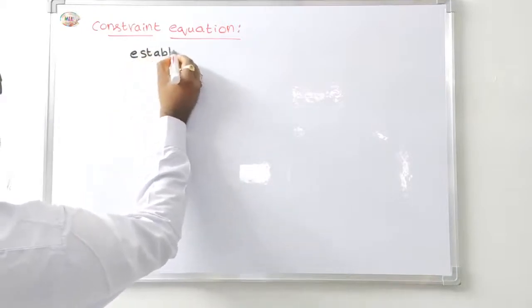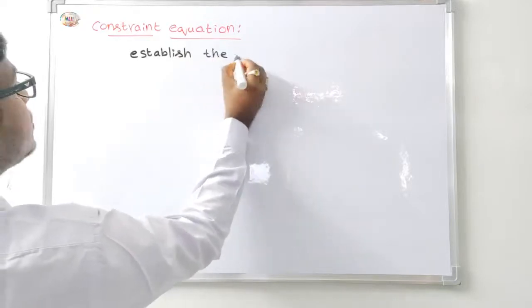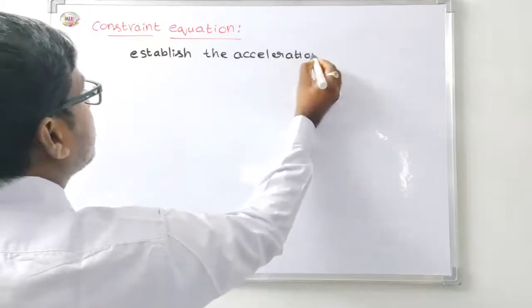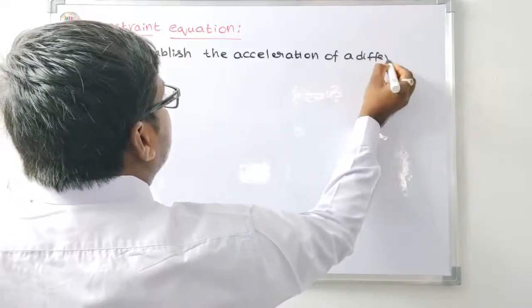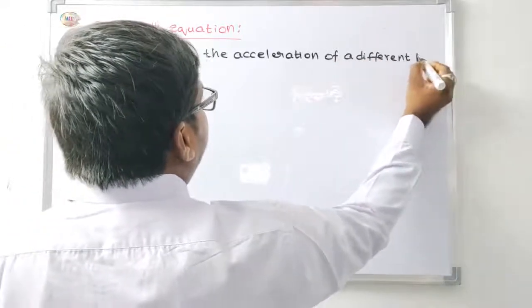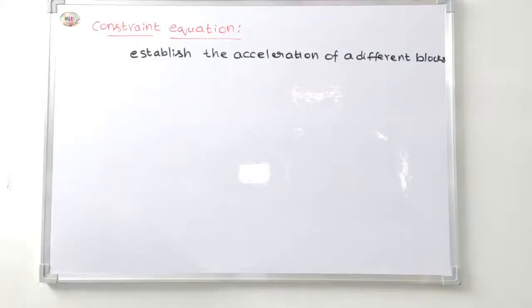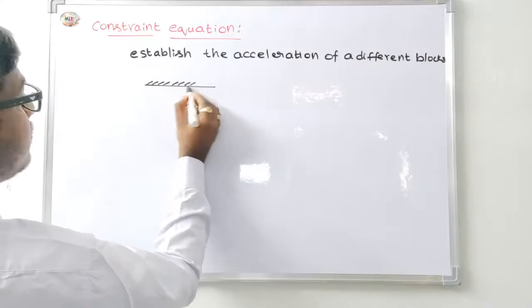That is called the constraint equation. In this constraint relation, first draw the pulley diagram.